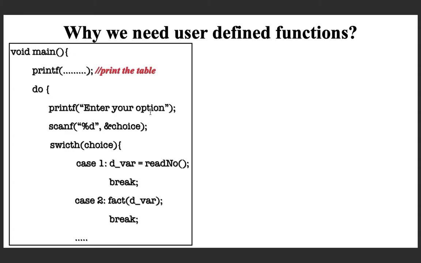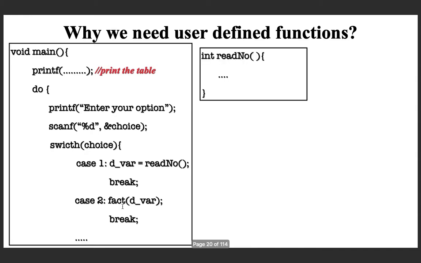Then you take that option into a variable. Depending on the option, if it is case 1, then call a function to read a number. If it is case 2, call a function to find the factorial. Likewise it goes. So it's just a switch statement within a loop, and you have to continue executing the loop until the user enters the option to exit.